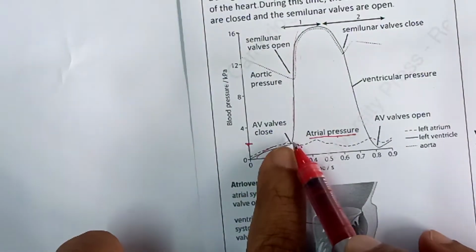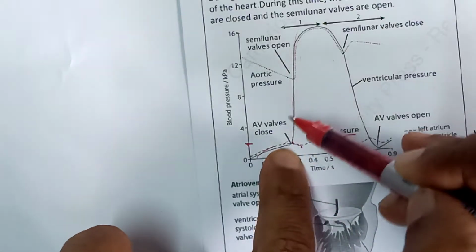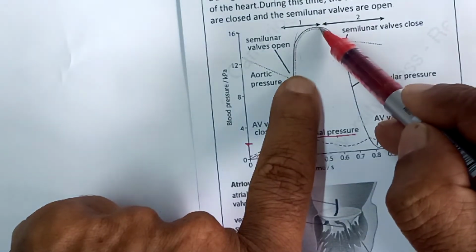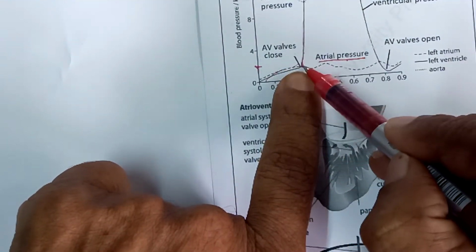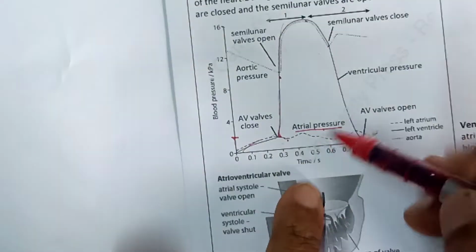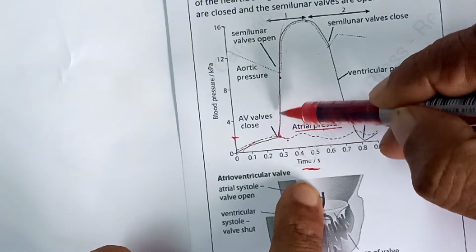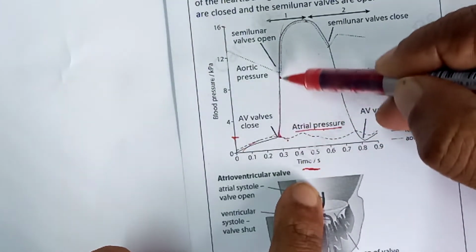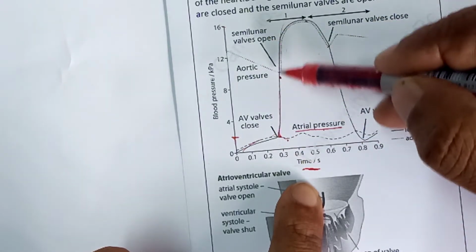So just before ventricular systole, atrioventricular valve closes. But when blood is out of the ventricle, now don't forget that when the atrioventricular valve closes, the semilunar valve opens at the same time. At the same time, mostly at the same time, when the atrioventricular valve closes, the semilunar valve opens.